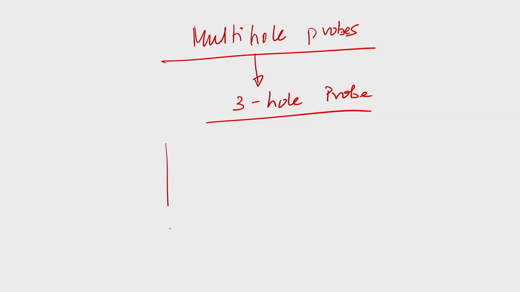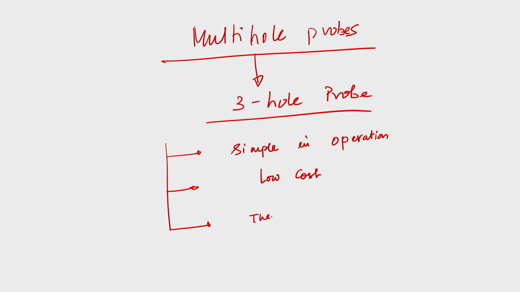Not only that, these multi-hole probes have a few advantageous features as compared to other conventional pressure measuring instruments, and those features are: one, simple in operation; two, low cost; and three, easy maintenance.